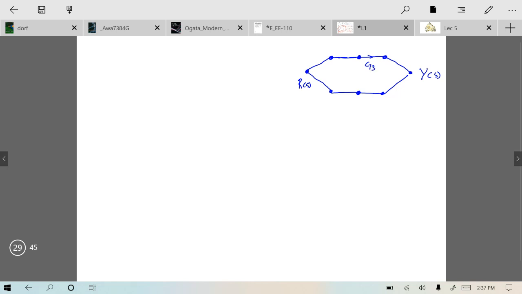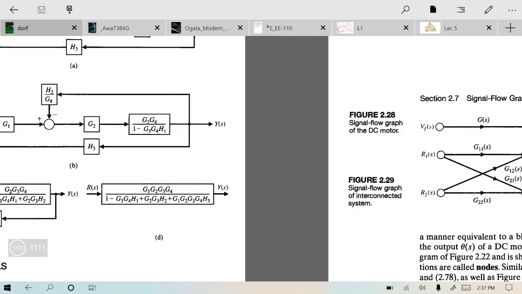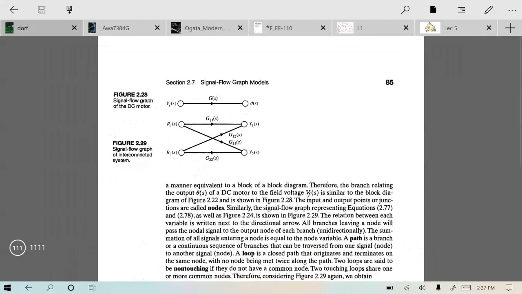I think the names of the nodes are not written. This is also an example from your book.